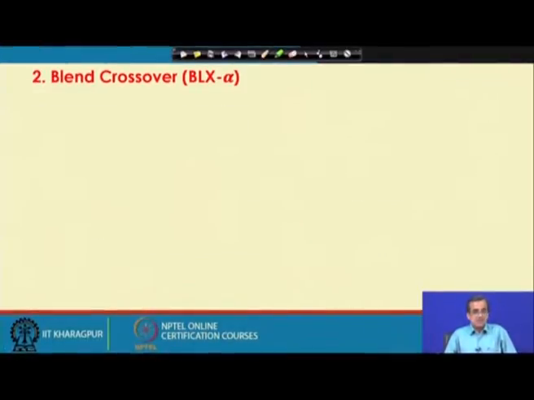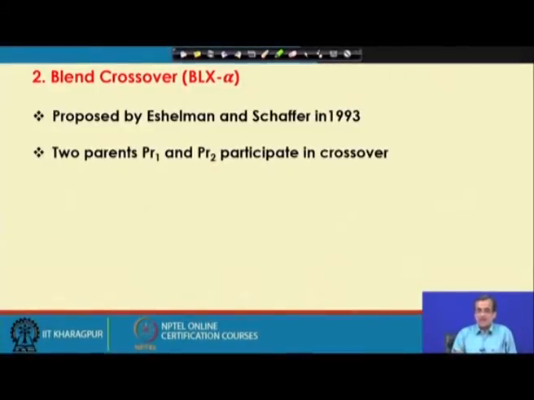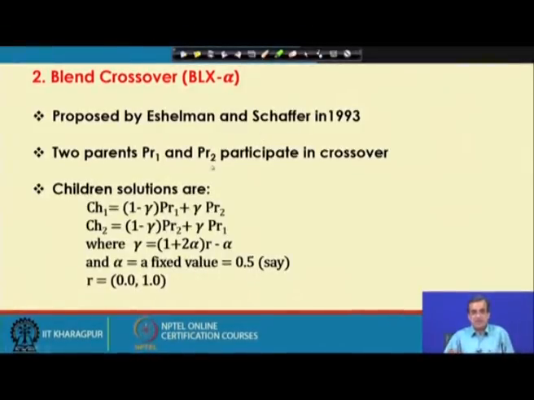Then comes the concept of the blend crossover, popularly known as BLX alpha. That was proposed in the year 1993 by Eshelman and Schaffer. The principle is as follows. Supposing that I have two parents PR1 and PR2 and they are going to participate in blend crossover. The children solutions are calculated as follows.